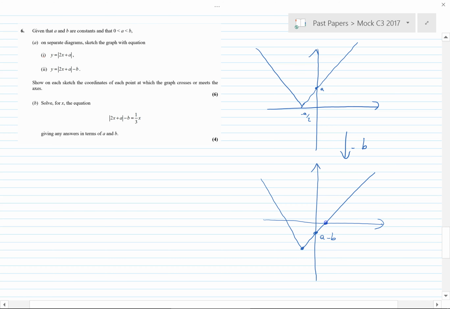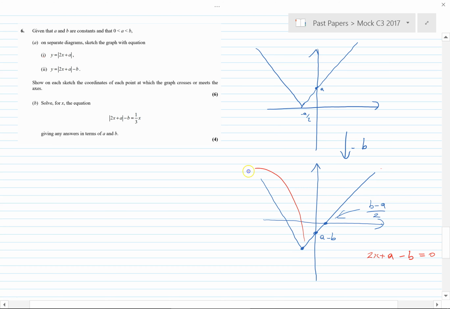Now to find this coordinate, we use the fact that the y coordinate is equal to 0. This part of the graph here is basically y equals 2x plus a minus b. So that part of the graph is that, and we want when that is equal to 0. Rearranging that gives me the coordinate x is equal to b minus a over 2.